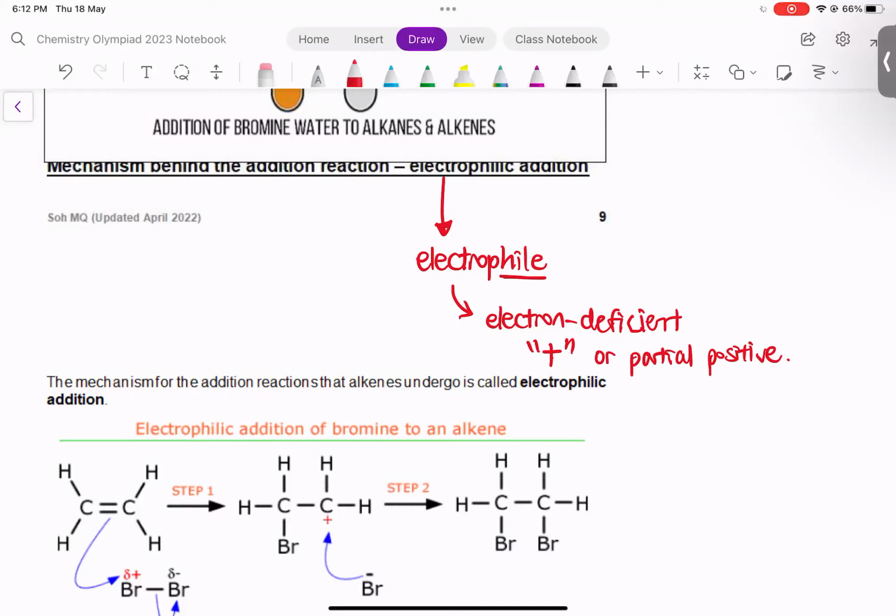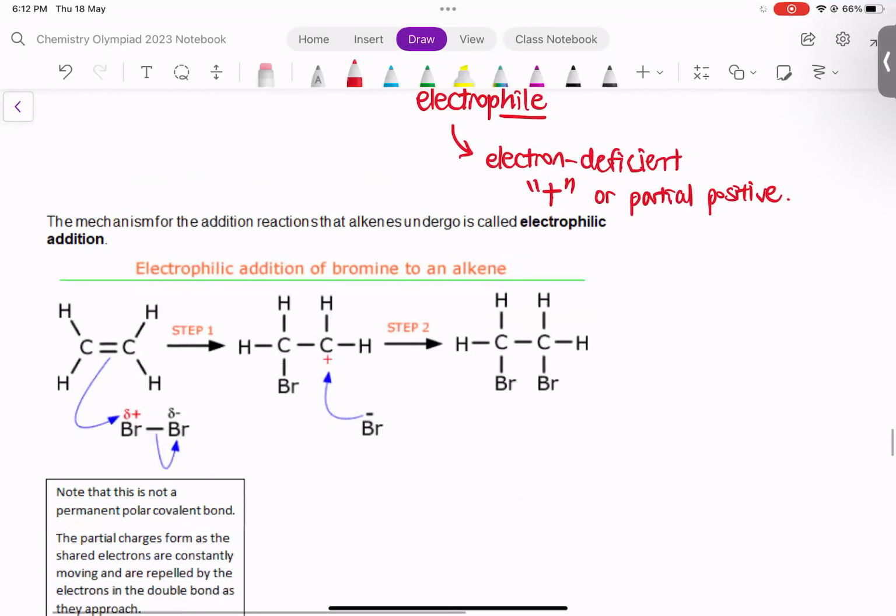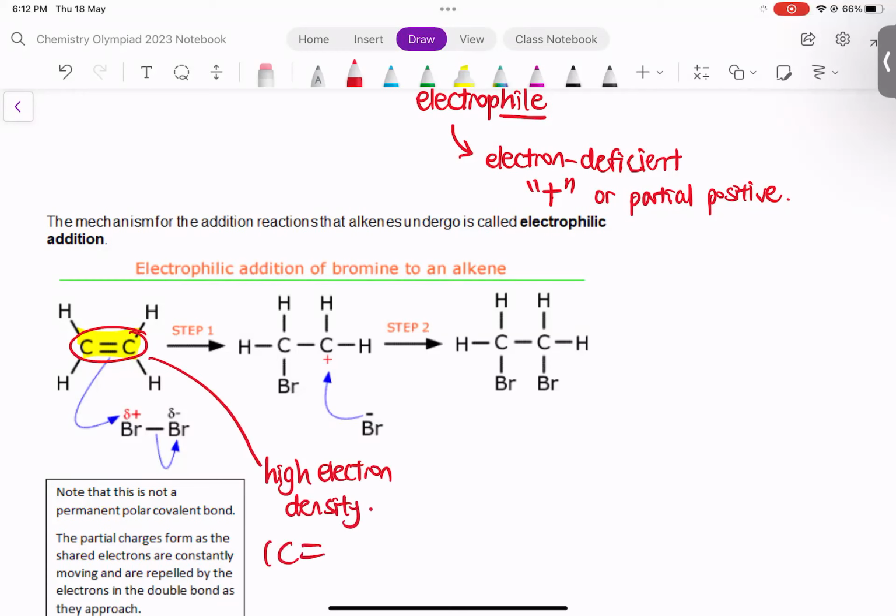If it wants electrons, where can it find them? Well, the double bond is a perfect place because the double bond is considered a region of high electron density, the carbon-carbon double bond. This is what attracts electron deficient species.